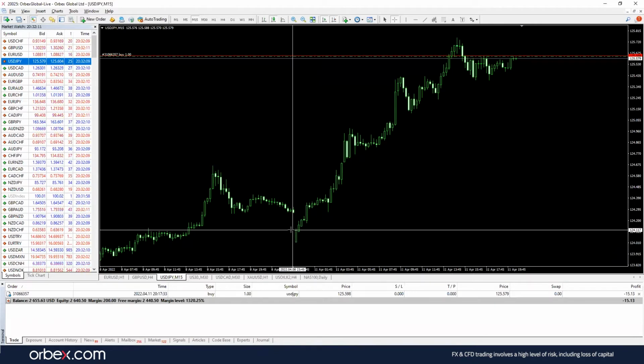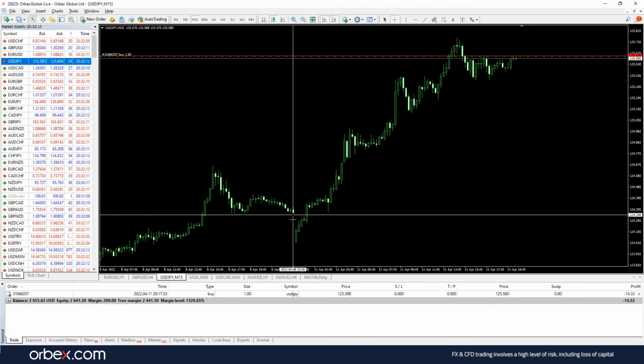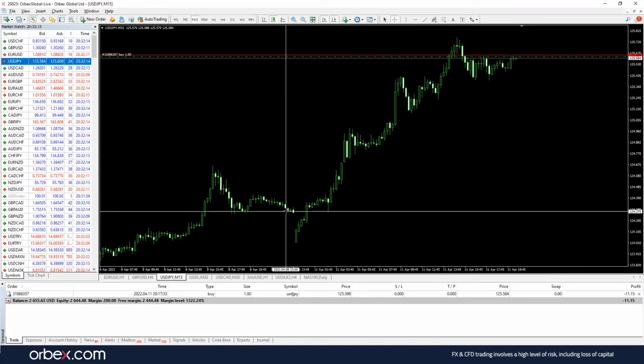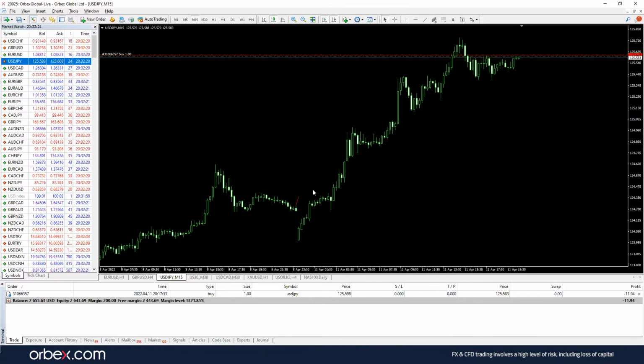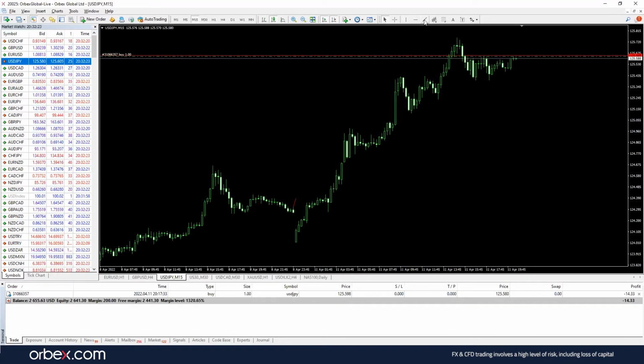And as you can see on this gap here, this is the weekend gap. So we've had a close on the weekend gap here, which is the 8th. And now we are looking at a new day and the market has opened here. So trades that were left open overnight, this could be any night, by the way, get a swap fee applied.